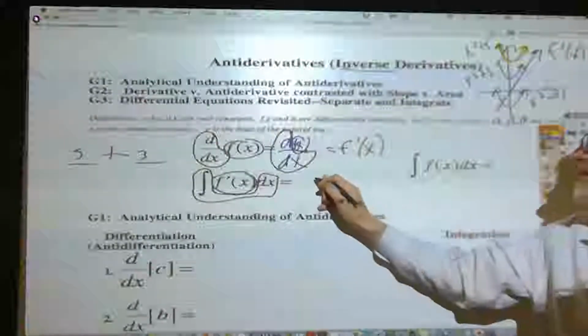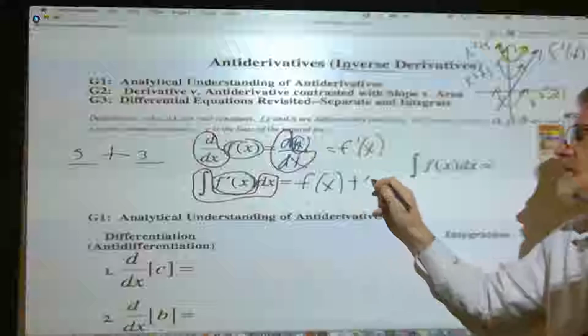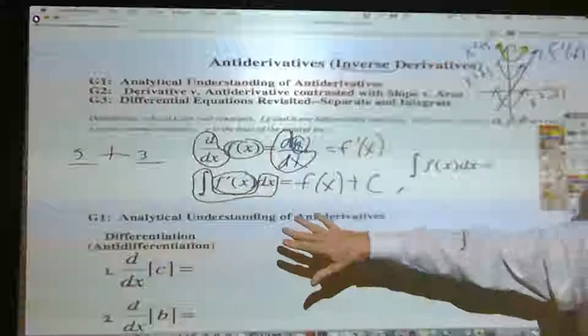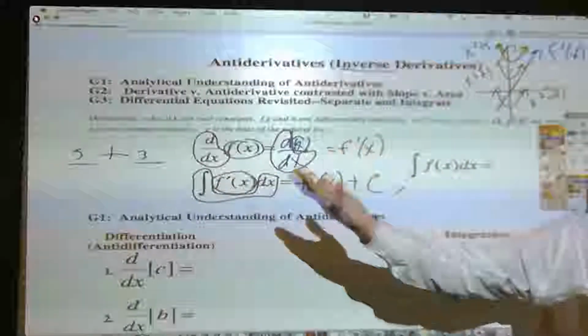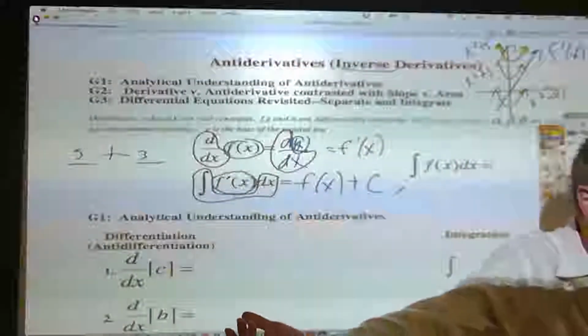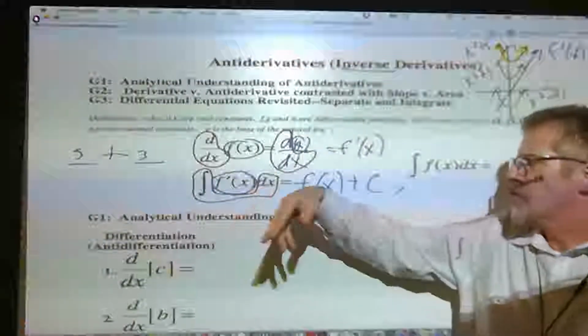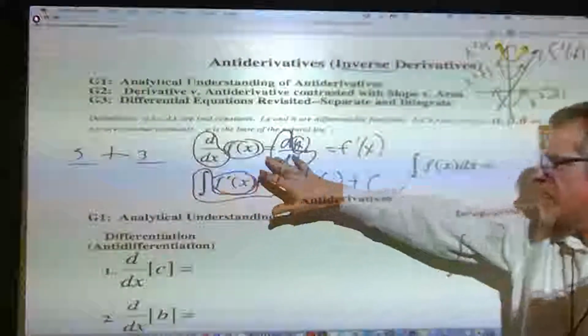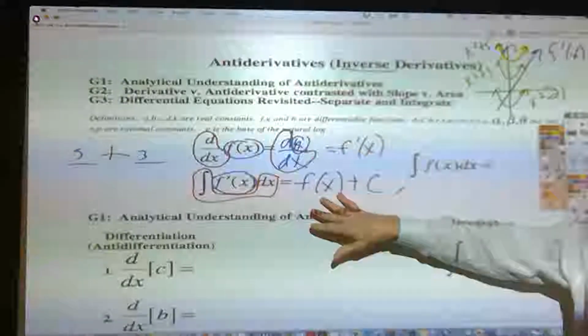In general, it's some function plus an unknown constant. It's an entire family of curves. When you go from f prime to f, that's what the antiderivative does for you. It reverses the derivative process. It starts with the derivative and takes you back to not just an original function, but a whole family of functions.